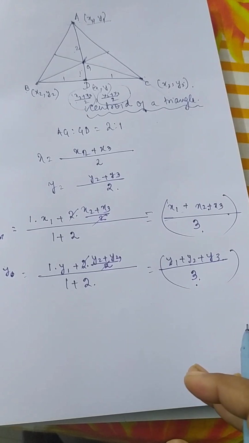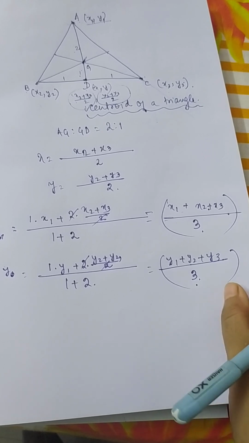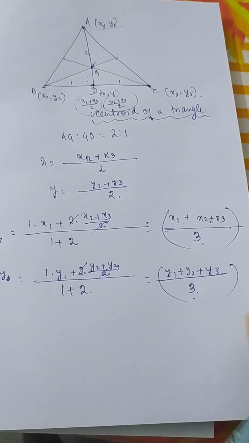If in a quadrilateral the diagonals bisect each other and two adjacent sides are also equal, then it is a rhombus. If the diagonals bisect each other and are also equal, it is a rectangle. And if the diagonals bisect each other, the adjacent sides are equal and the diagonals are also equal, we can tell that it is a square.